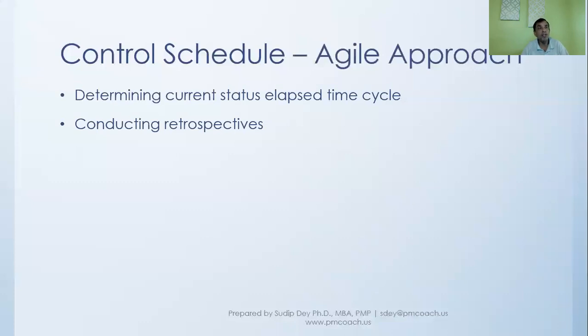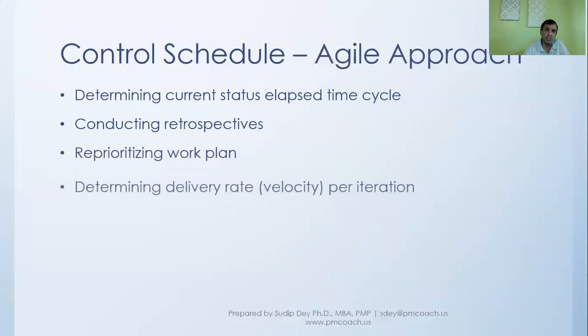In other words, remember that an agile team is really a self-managed team. Typically they will find out among themselves what needs to be done. And then there will be constant reprioritizing of the work plan in the agile approach.